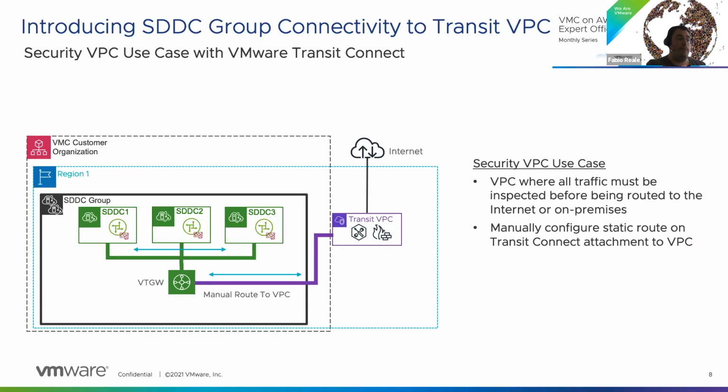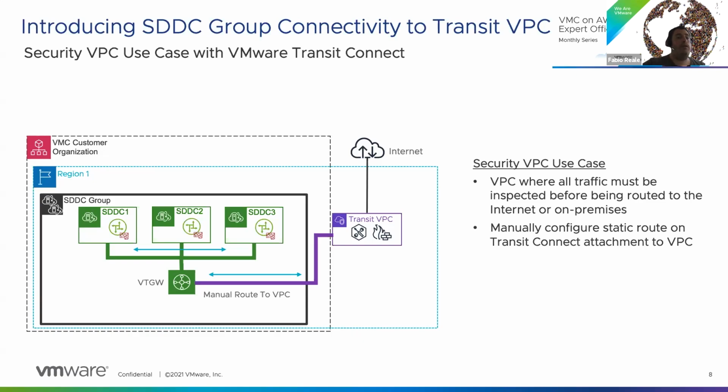One of the most important use cases is the usage of the security VPC. We have several customers that have deployed a firewall, have deployed their security layer on native AWS, and you need to reach that security VPC in the right way and route the traffic properly.